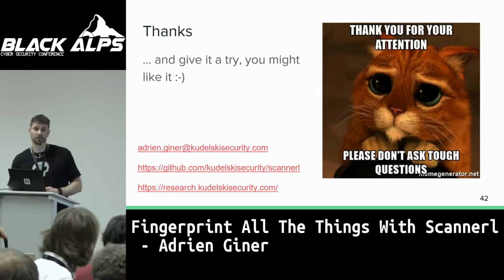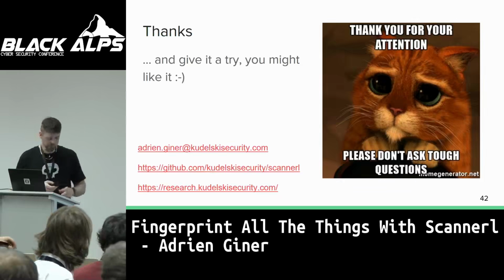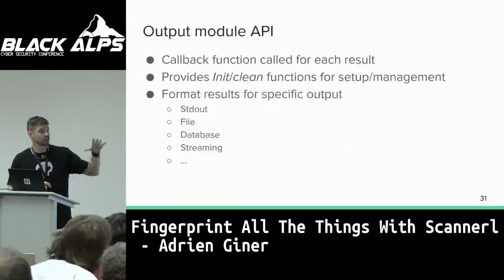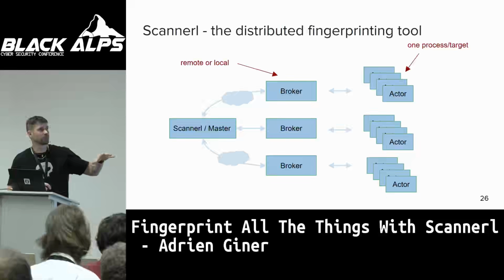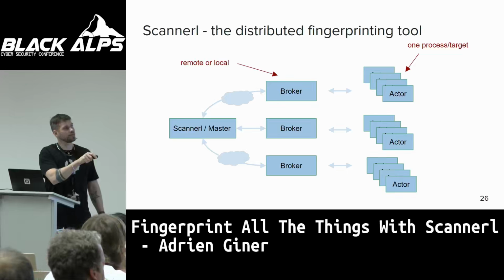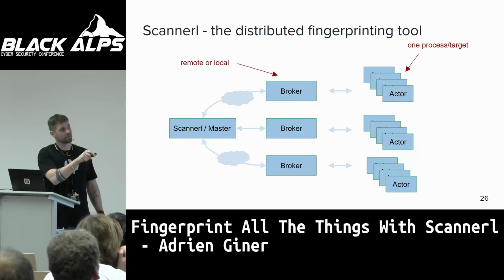Yes. So you can choose the number of, there was a slide for that. You can choose the number of brokers, so that means the number of VMs. You can think of a broker like a process on a VM, or you can even think multiple brokers on a single VM. And then for each broker, you can choose the number of actors it is spinning.